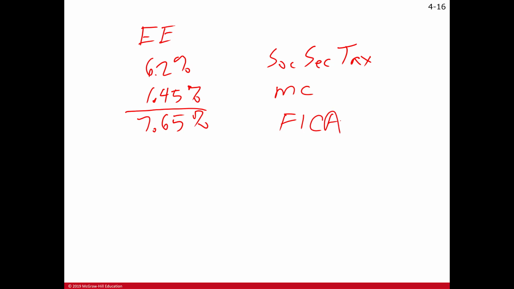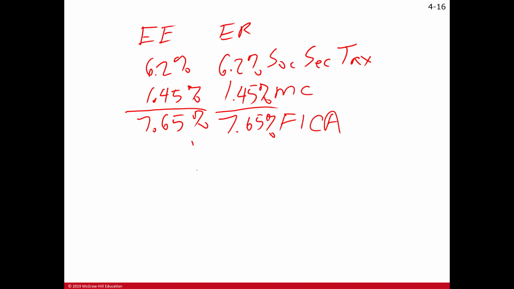Now keeping in mind this 7.65% is half the tax. The employer you work for will match it, 6.2% for Social Security, another 1.45% for Medicare, for another 7.65%. So the total FICA taxes being paid is 15.3%.